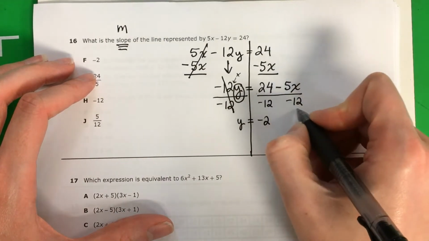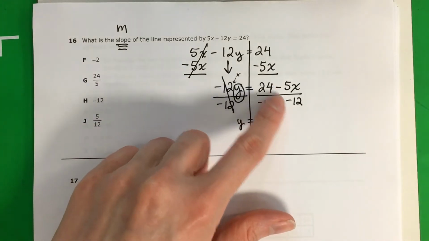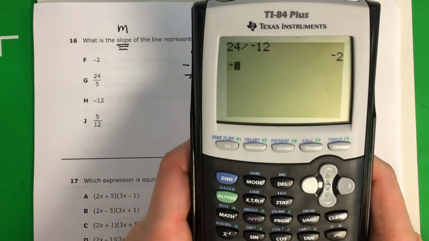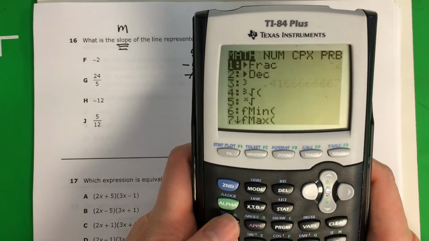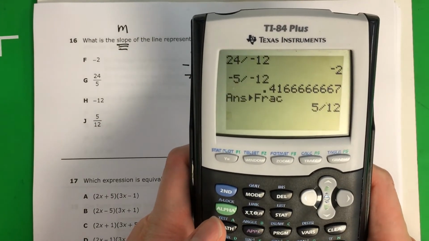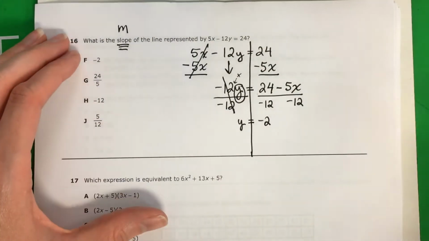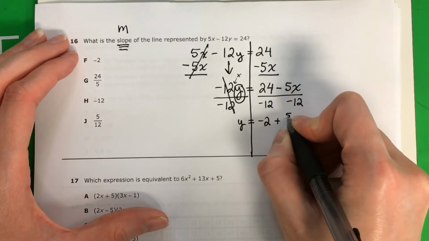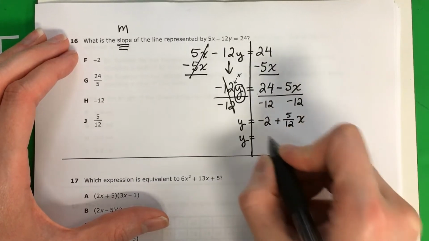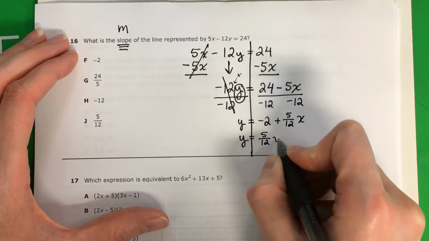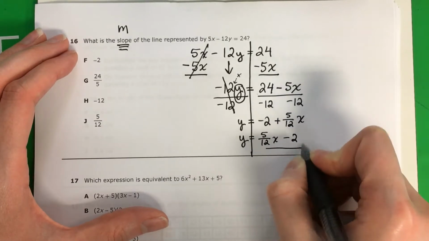And now you're going to put in the calculator negative 5 divided by negative 12, and change to a fraction. Math 1, enter, and I get positive 5/12. Put your letter x, and we are going to switch. So this is 5/12 x minus 2.